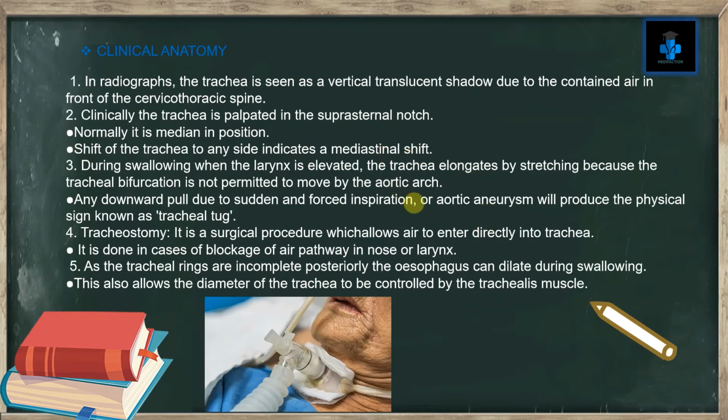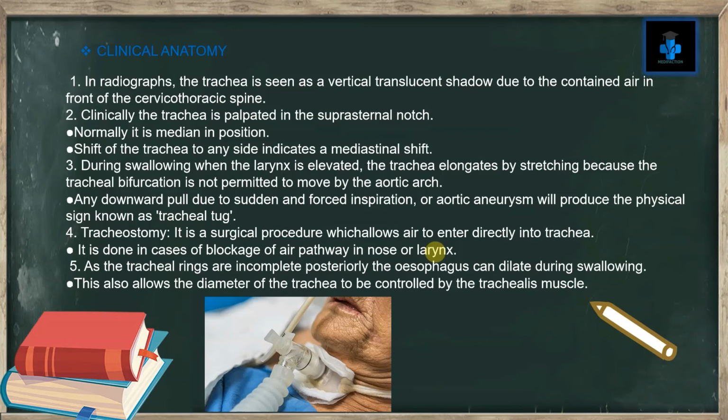Now moving on to some of the clinical anatomy of the trachea. In radiographs, the trachea is seen as a vertical translucent shadow due to the contained air in front of the cervicothoracic spine. Clinically, the trachea is palpated in the suprasternal notch. Normally, it is median in position. Shift of the trachea to any side indicates a mediastinal shift.